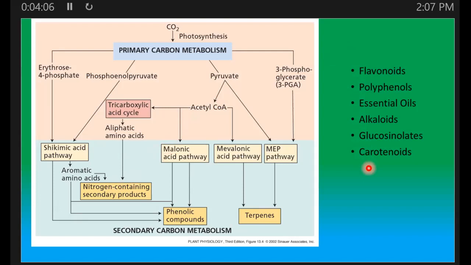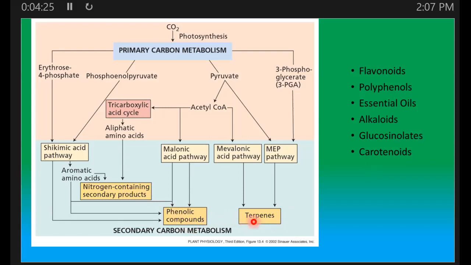All of these can be considered secondary metabolites. Carotenoids, they kind of cross over. They're a secondary metabolite, but they can also be considered a primary metabolite. There are a few exceptions like that. So please know these three names in the yellow boxes. Those are the three big classes.